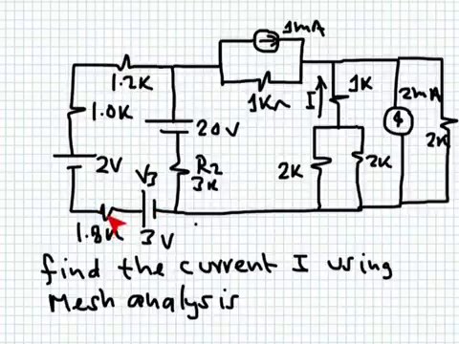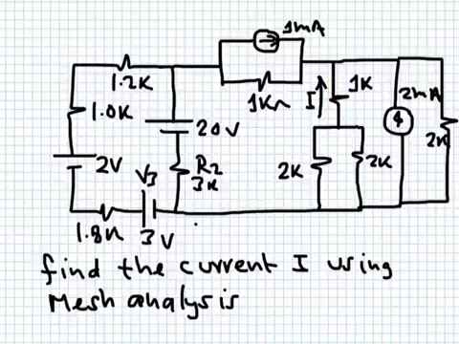We have here 1.8 kilo ohm in series with 1 kilo ohm, in series with 1.2 kilo ohm. These three resistances are in series, so I can replace them by just one resistance, which is equal to 1.8 plus 1 plus 1.2, so we have 4 kilo ohm. This will not affect the result in any way, and you get the same I in this branch.